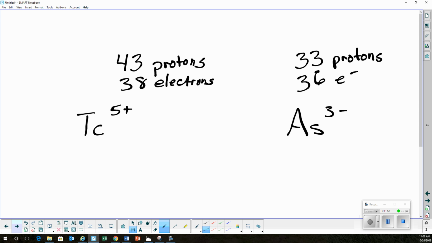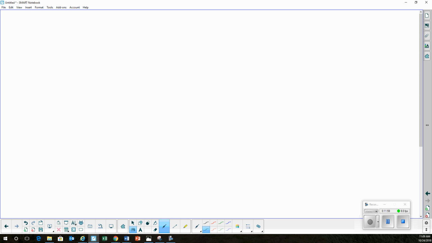Be able to predict and write the ion for any element when given its name. So if I'm given a name like, whoops, helps if you spell it right.